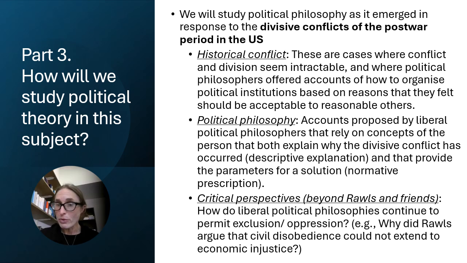For example, when we look at civil disobedience, we'll notice not just the effort of political philosophers like Rawls to make headway in a context of a divisive conflict, but also the way that the theories they proposed could not provide a justification for disobedience in response to economic injustice. And we'll ask whether we really do find that reasonable, whether that really is something that should be acceptable to reasonable others.